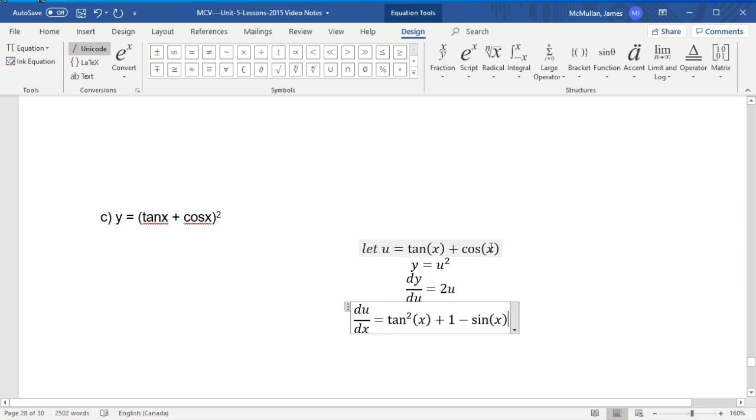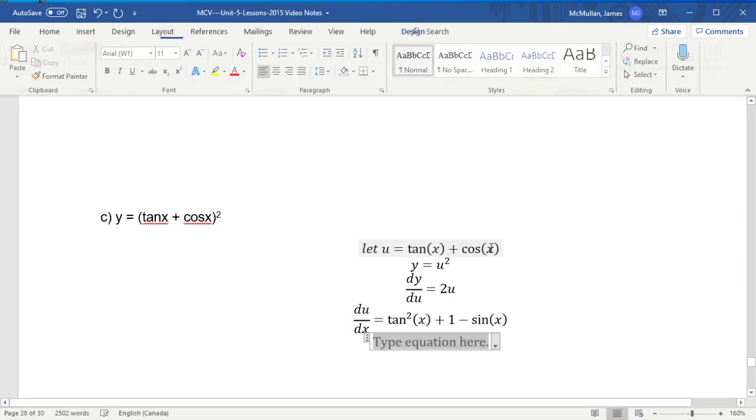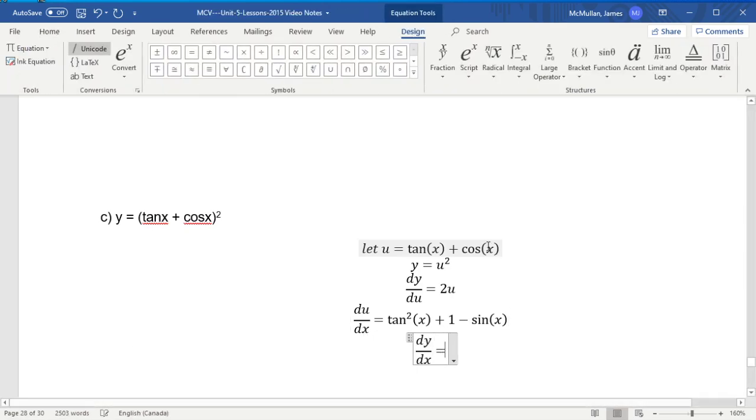Okay, and so I just replace it like so. So the derivative of y with respect to x is the derivative of y with respect to u multiplied by du/dx. So we're just going to multiply all that stuff together. dy/du is the first thing I'm going to write, which is 2u. And then I'm going to multiply by du/dx, which is tan squared x plus 1, take away sine x, like so.